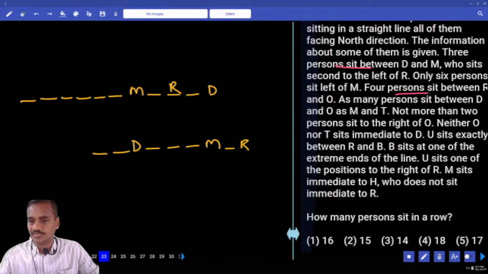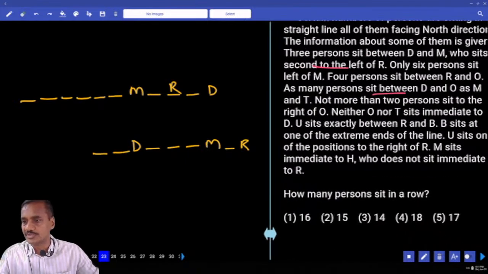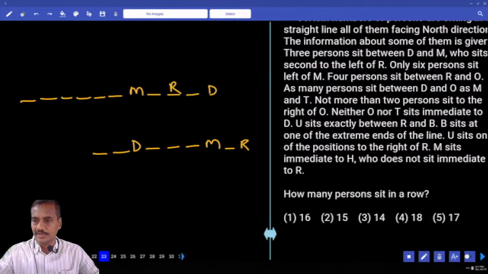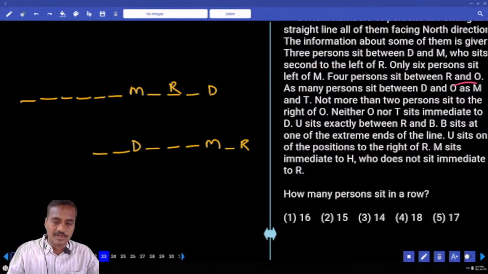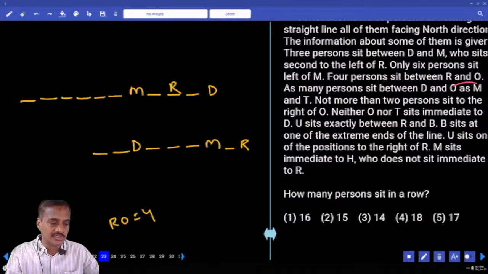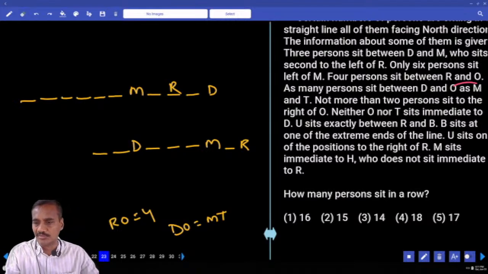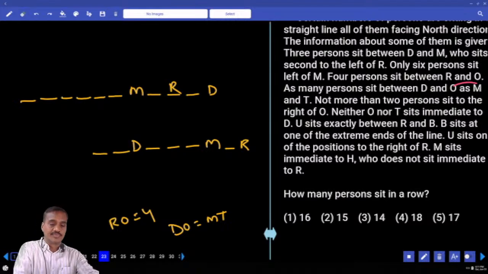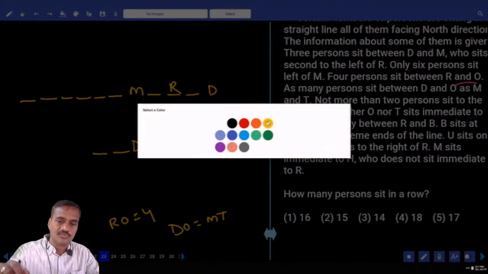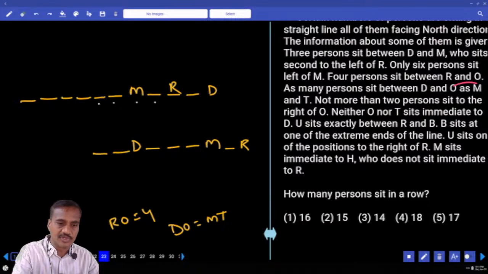Then the next one, 4 persons between R and O: in between R and O there must be exactly 4. Maybe O is to the left-hand side or the right-hand side; as of now there is no information about O. Next, as many persons between D and O as between M and T, we need equal numbers. Not more than 2 persons sit to the right of one, the crucial information. 4 people between R and O, 1 2 3 4, here.